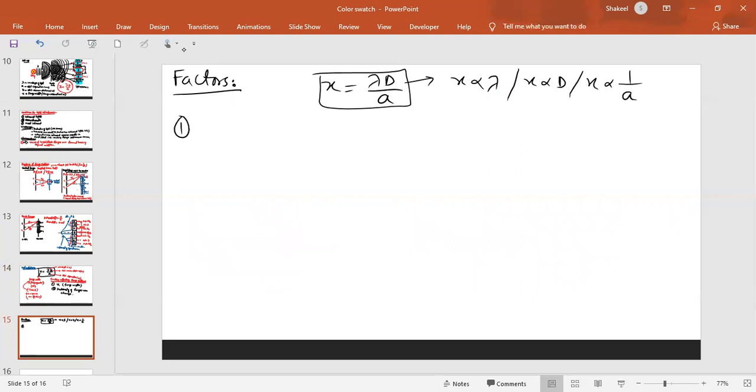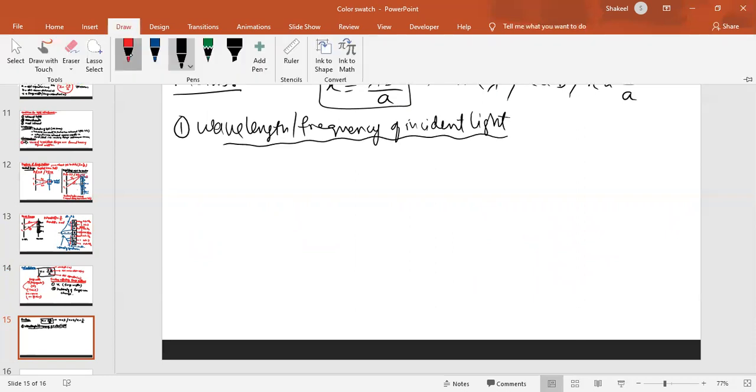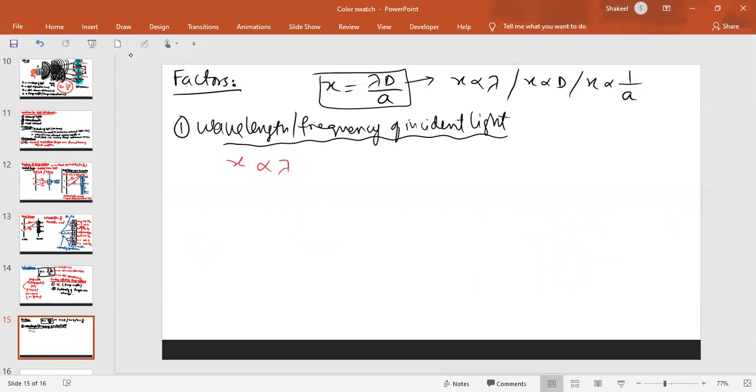Let's look at the first one, which is wavelength, or frequency of incident light. How can that affect the fringe width? From the relation, it is clear that x is proportional to lambda. And we also know that frequency and lambda are inversely proportional to each other, right?